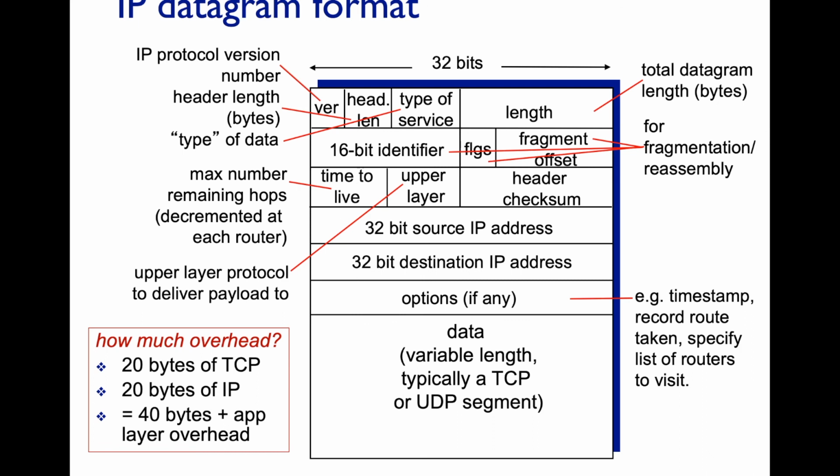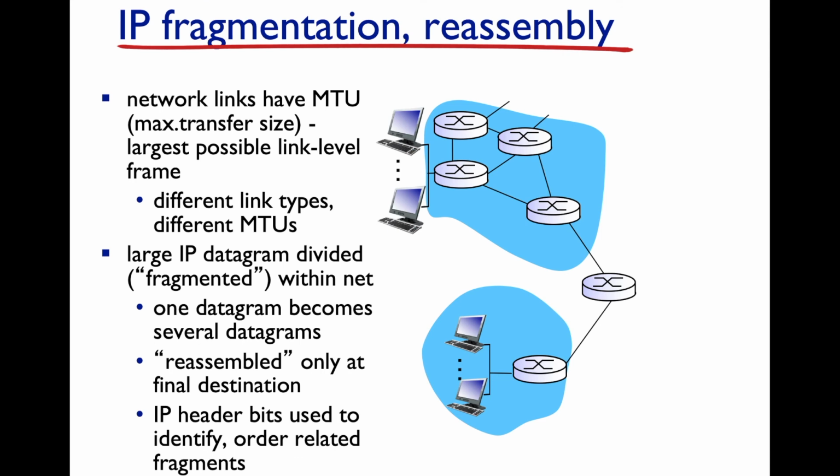So you have the application message plus 20 bytes of TCP header information and 20 bytes of network layer IP information. So we have 40 bytes of overhead total on top of the application layer data, 20 from the transport layer and 20 bytes from the network layer.